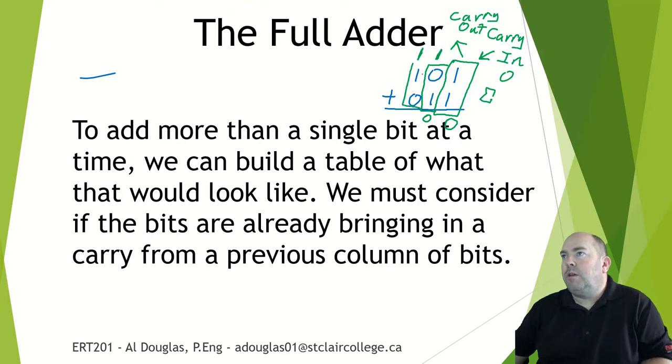And we consider these. A 1 and a 0 give us a 1. We add the carry in, which is another 1. A 1 and a 1 give us a 0 with a carry out. And we basically have a 0 and a 0 here. 0 and a 0 give us 0. Add the carry in, which yields a 1 with no carry out.